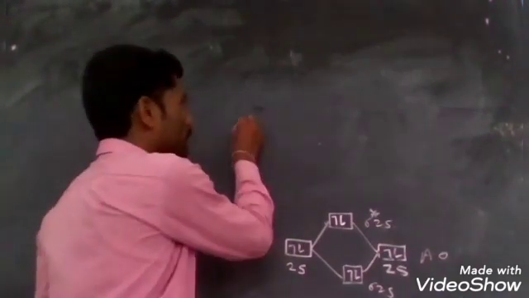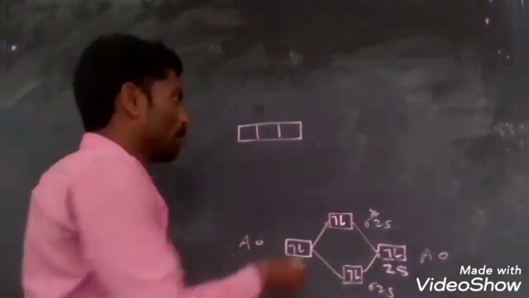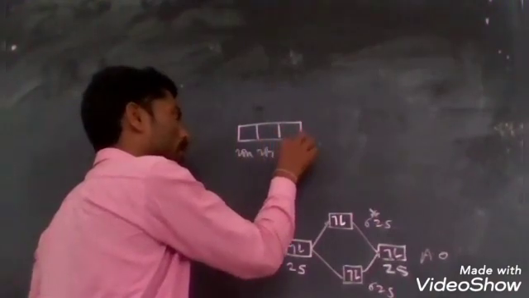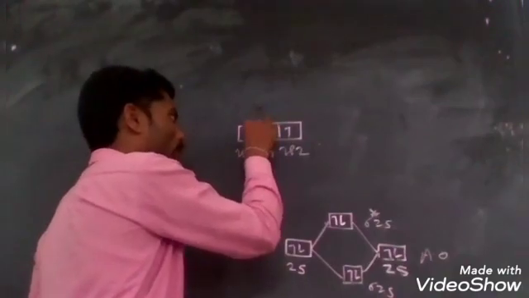Then another molecular orbital energy level diagram for 2p. This is 2px, this is 2py, this is 2pz, and they contain a total of 4 electrons.